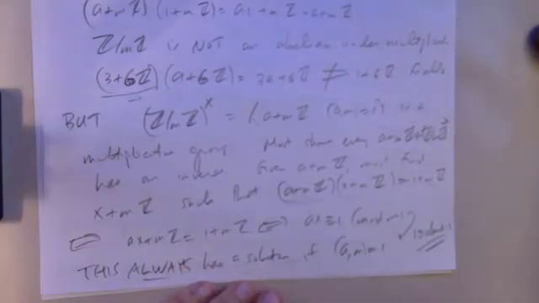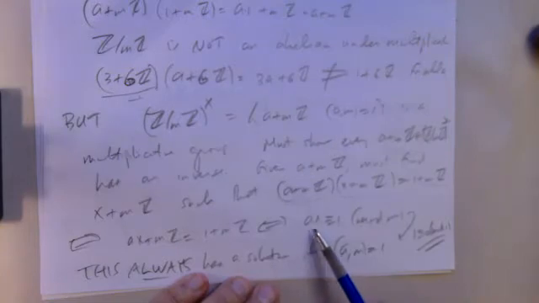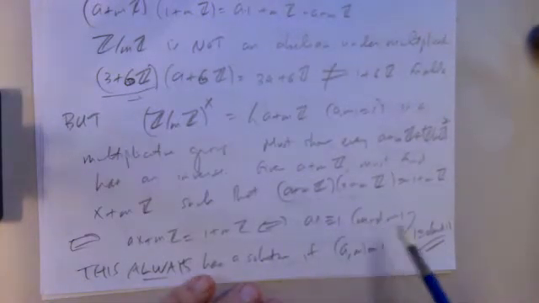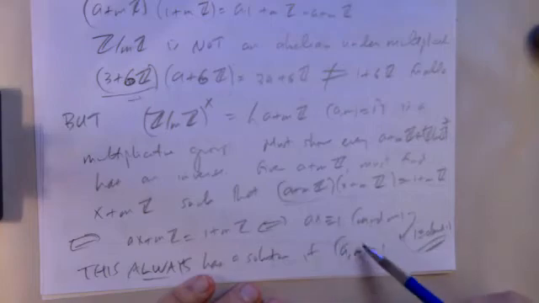But in fact, we proved that if a and m are relatively prime, the congruence ax congruent to b mod m always has a unique solution mod m. But you're right, I'm using this fact without saying it, to know that there's a solution. That's true. Okay, I get it. Thank you, Professor. Sure.